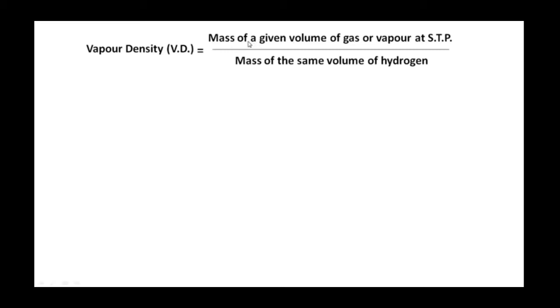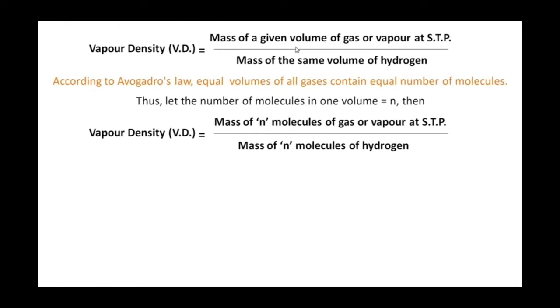You know that vapor density is equal to mass of a given volume of gas or vapor at STP divided by mass of the same volume of hydrogen. What is said in the Avogadro's law? Equal volumes of all gases contain equal number of molecules.